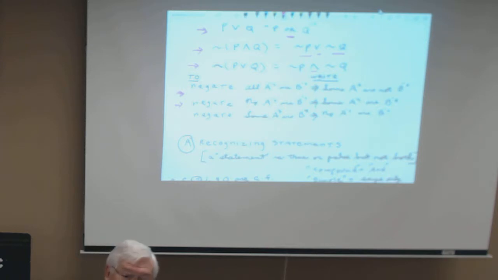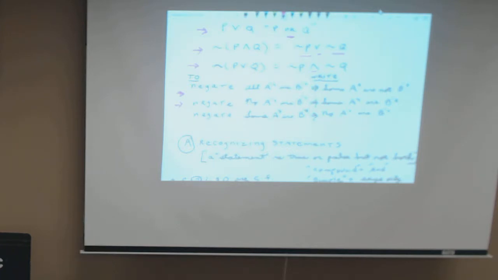You say, well, none are red. I'm going, well, some are red. Sometimes in our heads, we think to negate none, you have to say all. And that's not logic. If we say none, then all I have to do to negate it is to find some.